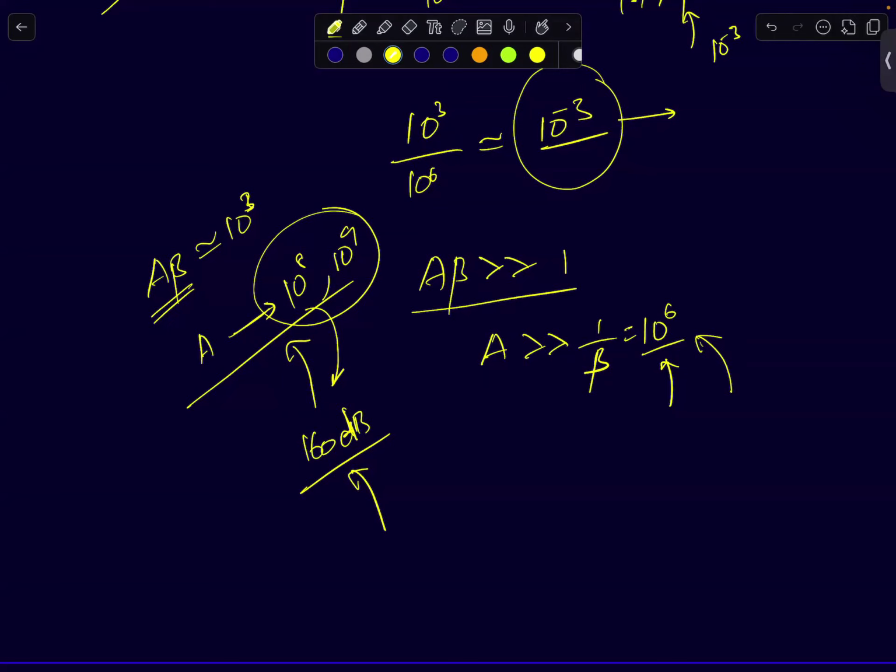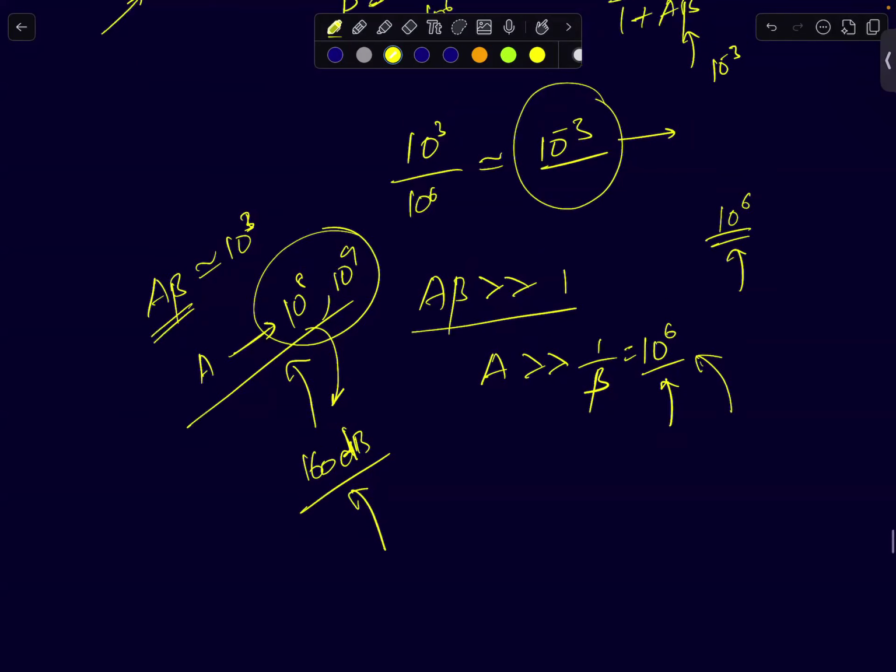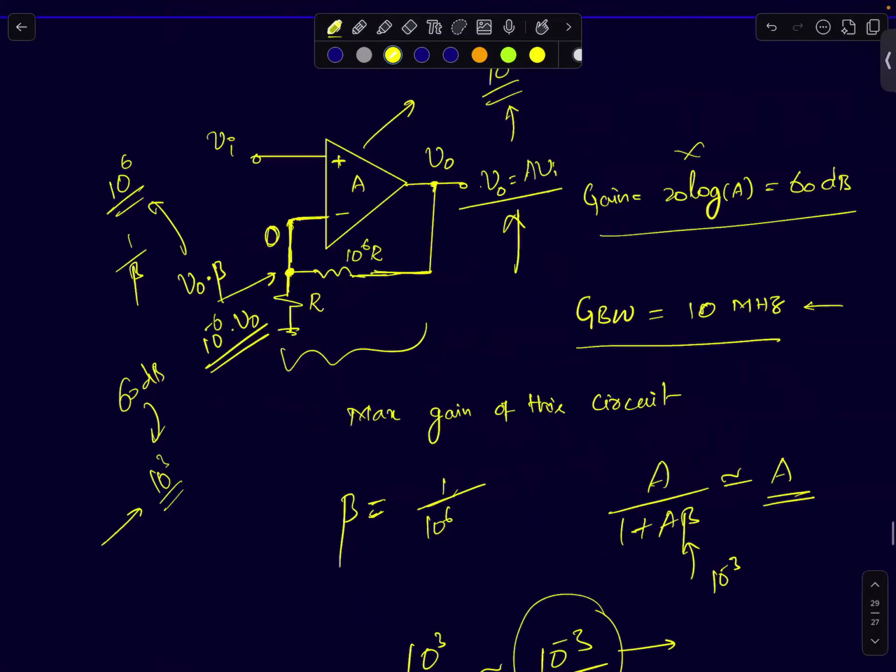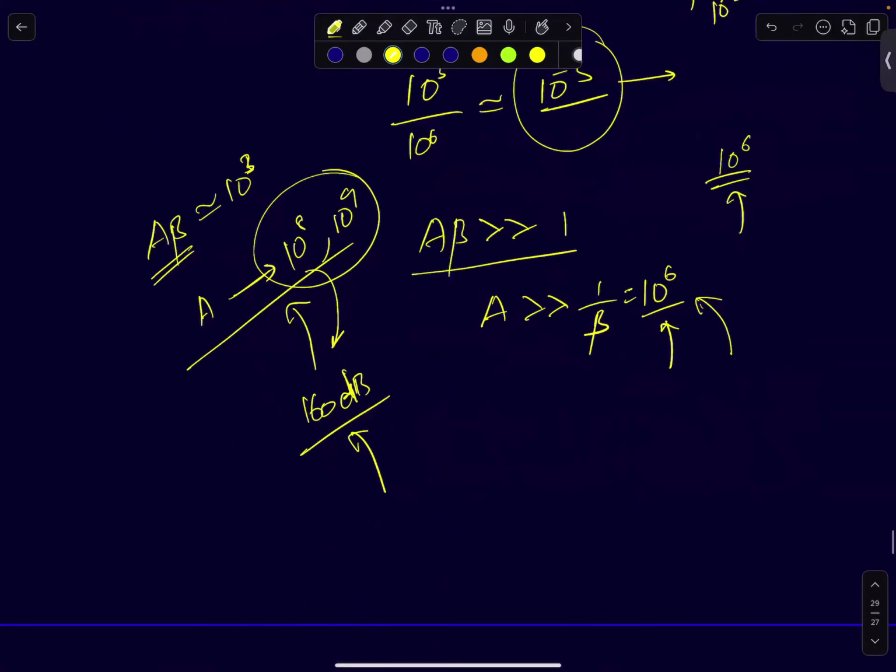So what would you do? If I want to achieve a closed loop gain of 10 power 6, what should I do? I can simply cascade stages, each with a gain of 10 power 2.